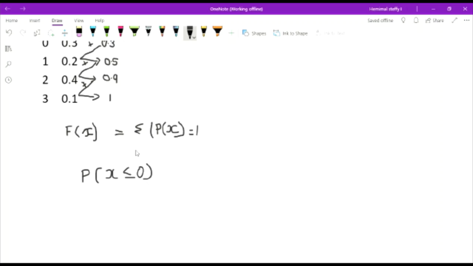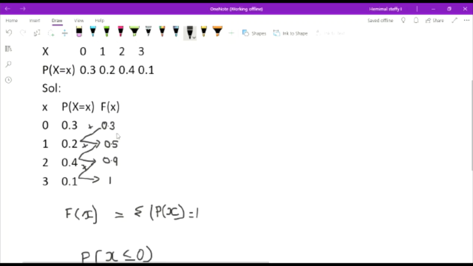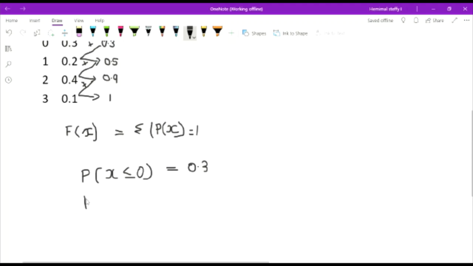Now I take the condition that 0.3 is for X less than or equal to 0, so P of X less than or equal to 0 is equal to 0.3. Sorry, I am going to change one thing: capital X I put it here.